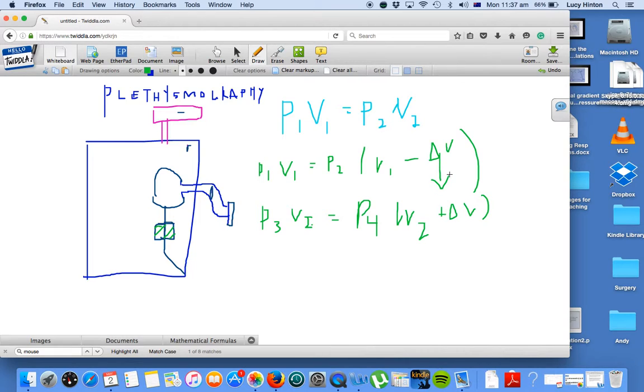So here, P3 is the pressure in the mouthpiece before the valve is open, and the pressure P4 is the pressure afterwards, and V2 is the functional residual capacity.